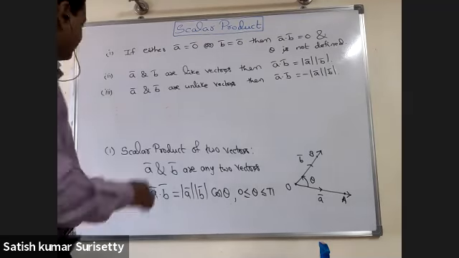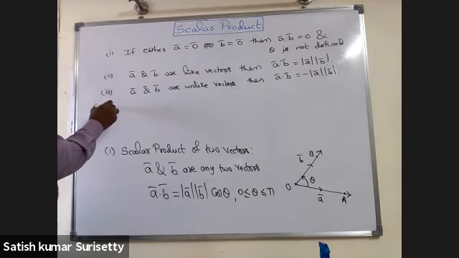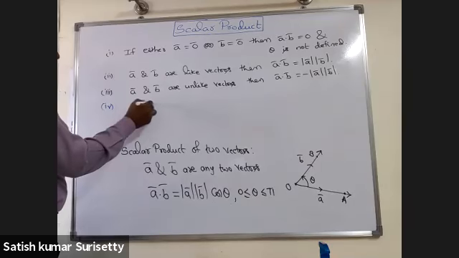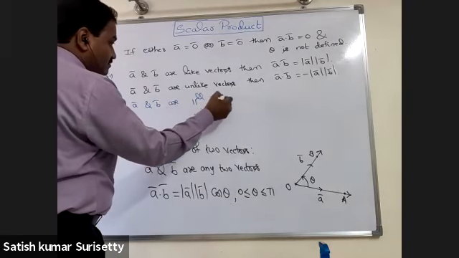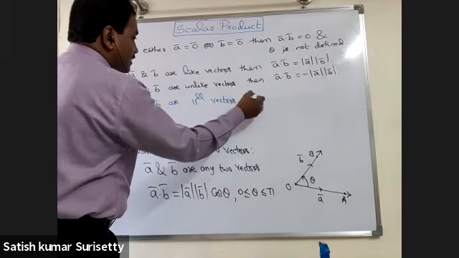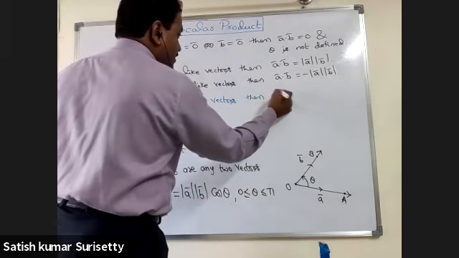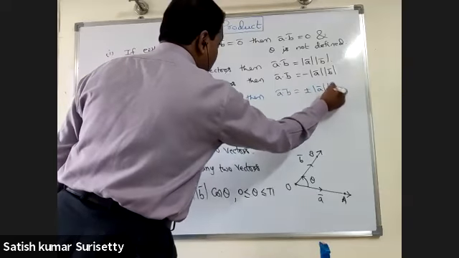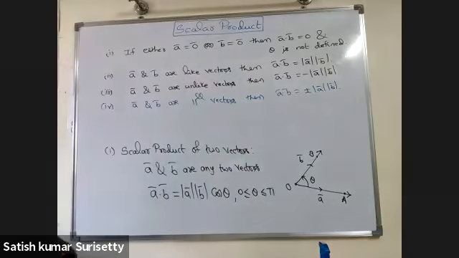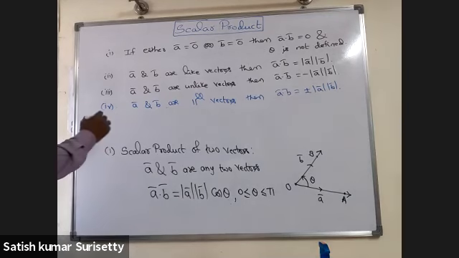If A bar and B bar are parallel vectors, then A bar dot B bar equal to plus or minus modulus of A bar modulus of B bar. Why? Because parallel vectors can be like vectors or unlike vectors.